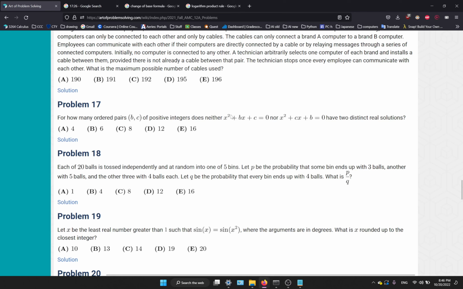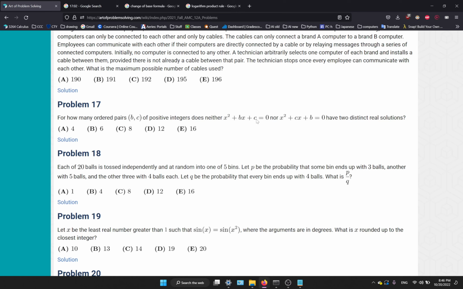And we know that since the coefficient of x squared is positive, if this is negative, it's definitely going to have 2 solutions, right? So if c is negative, then there's definitely going to be 2 solutions. So we know that c has to also be positive.